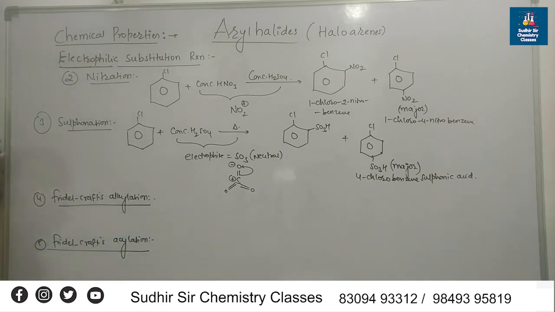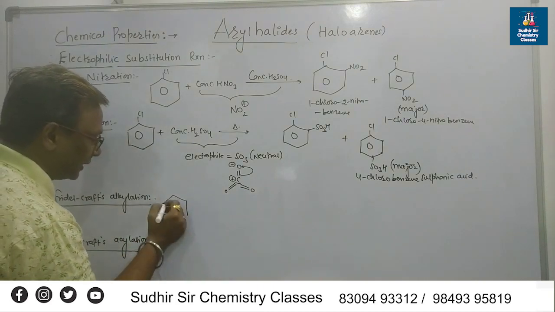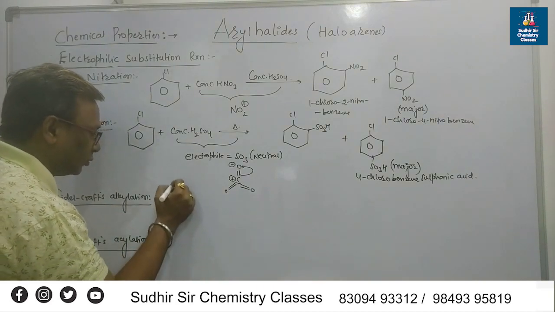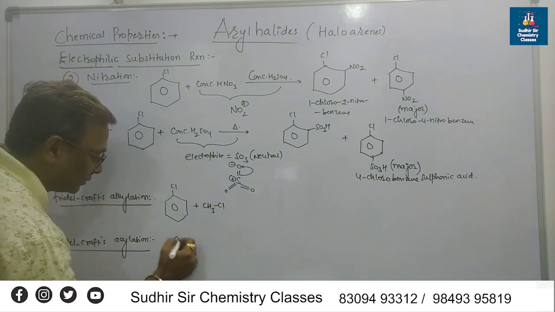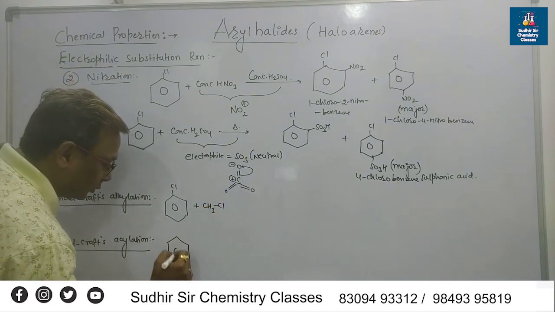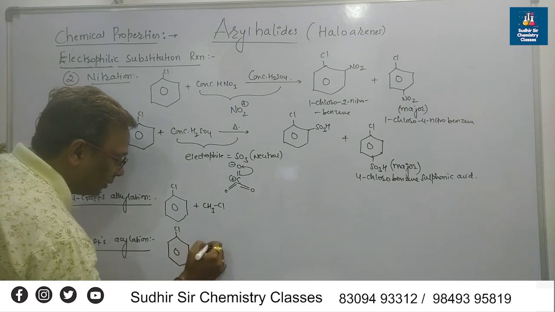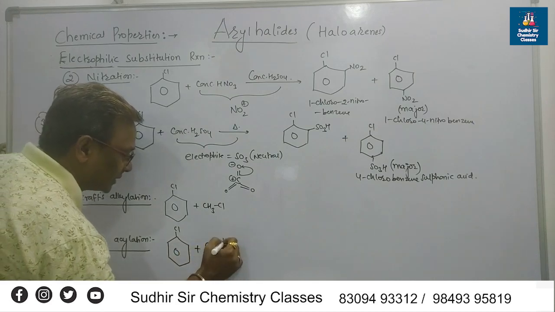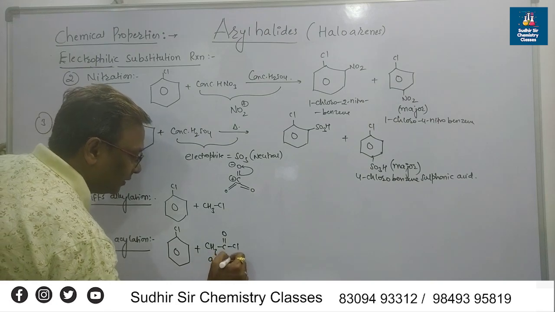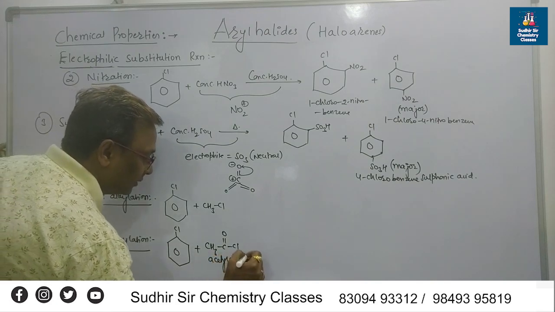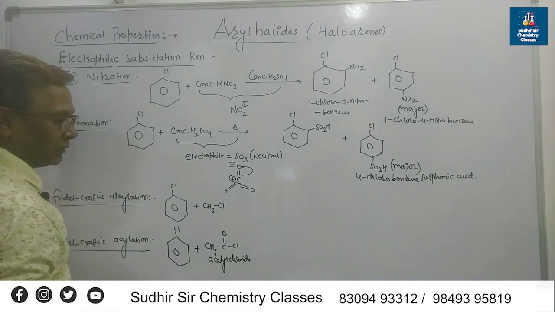But what is Friedel-Crafts alkylation? Addition of an alkyl halide. So one is chlorobenzene, and this one is an alkyl halide. In acylation, beta, one is chlorobenzene and it should have an acyl halide. What is the acyl halide? You know, CH3COCl is called acetyl chloride, and this is called methyl chloride.